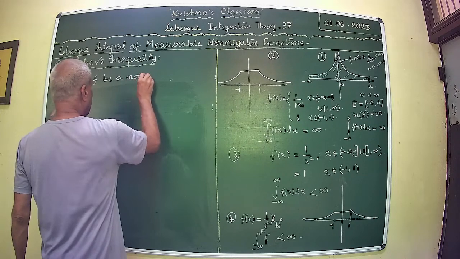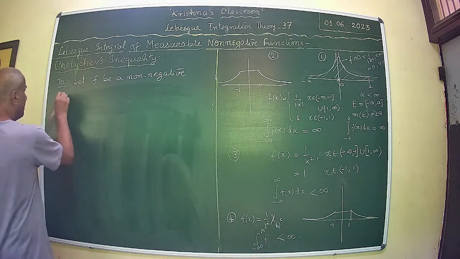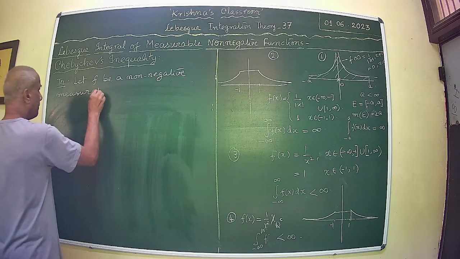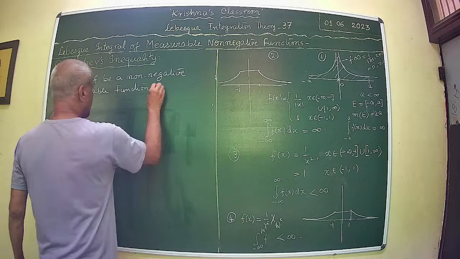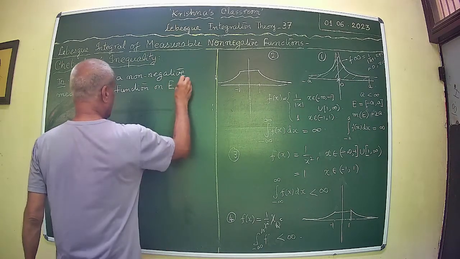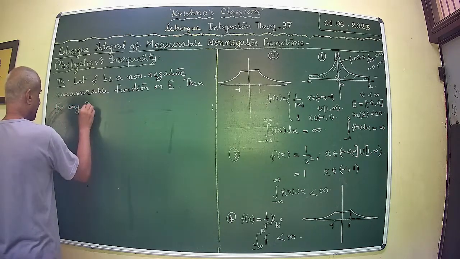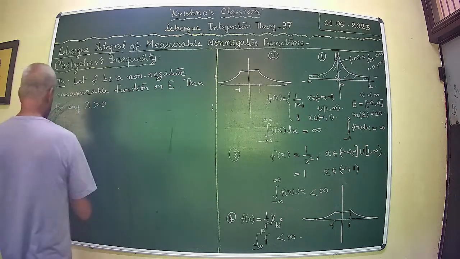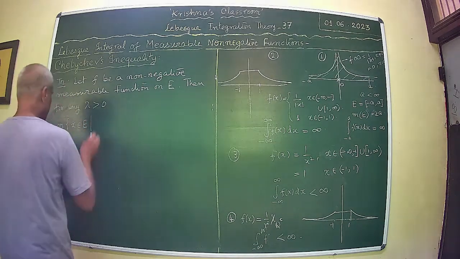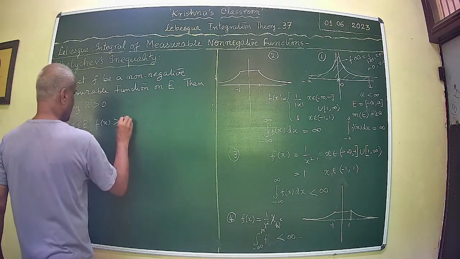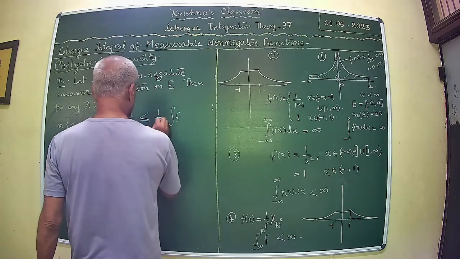Let f be a non-negative measurable function, and for any lambda positive, the measure of the set such that f of x is greater than or equal to lambda is bounded by the integral of f multiplied by 1 upon lambda.